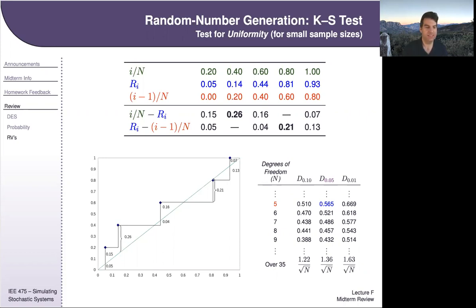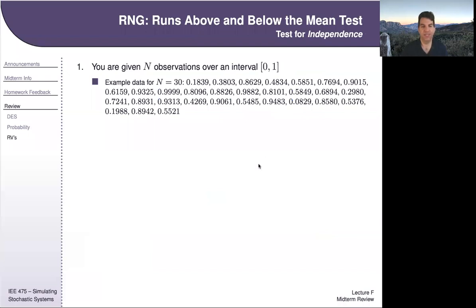And then runs tests. Maybe this is where we'll end, because this is probably the least familiar test to you. This is a runs above and below the mean test. I'll give you a bunch of numbers, and I will probably also give you the mean.